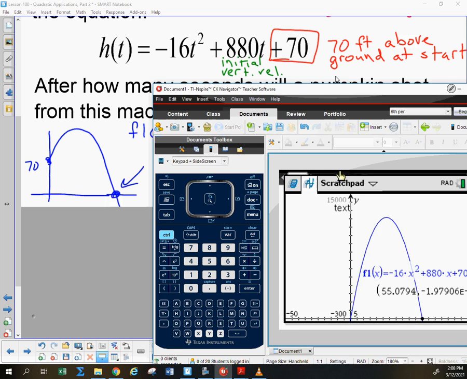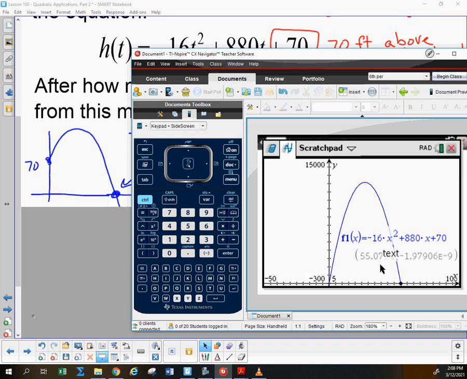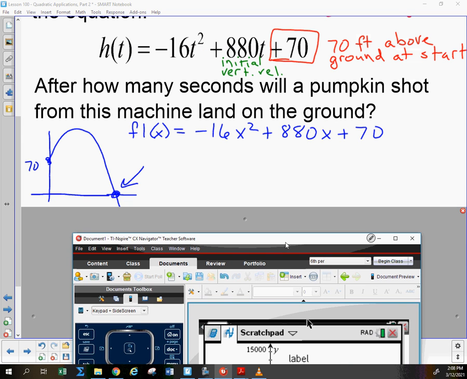So now our calculator told us the x-coordinate of this is 55.0794, so I'm going to round that to 3 places, 55.079. And this one simply asked me for, after how many seconds will it land at that point. So to answer this question, I can say 55.079 seconds.